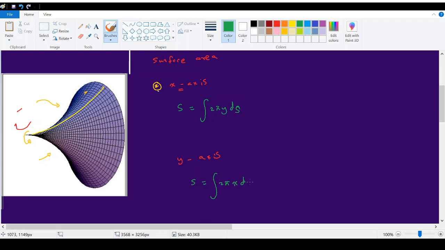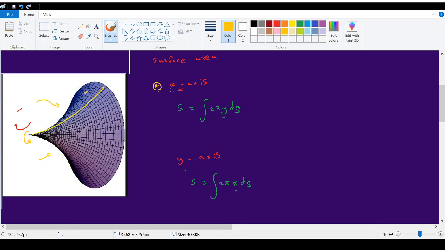Here you have x. See, if it is the x-axis, you have y here. If it is the y-axis, you have x here. And there's a way that you can remember which goes to which axis. Now this is a way only to remember this formula. This is not the derivation.